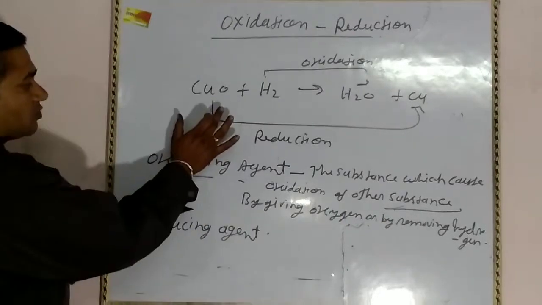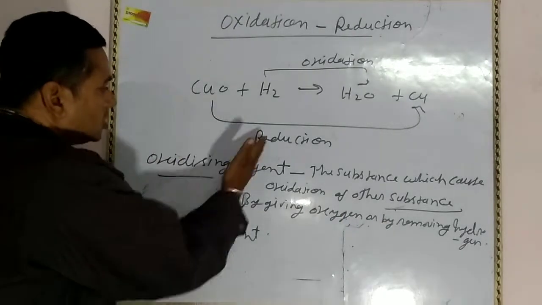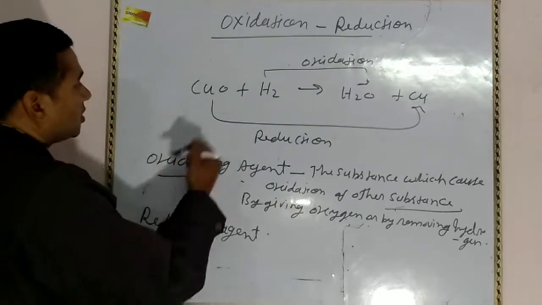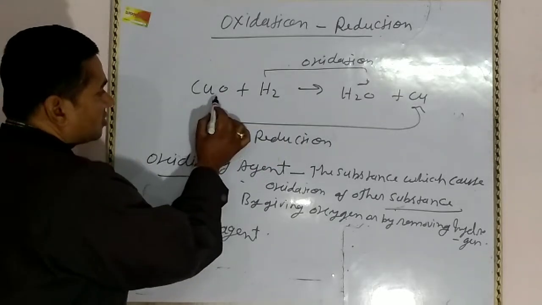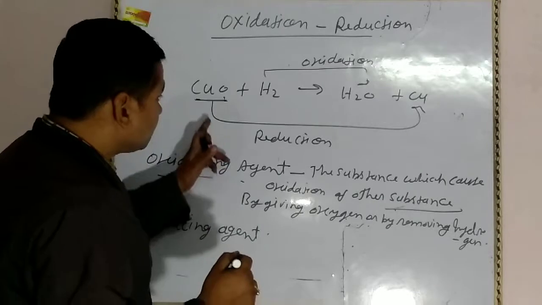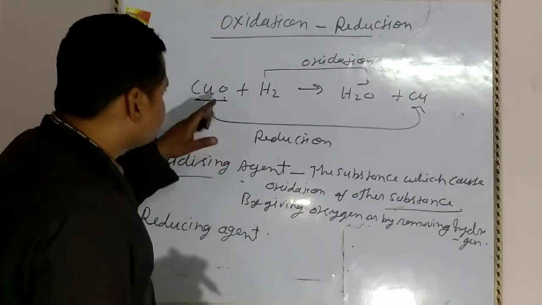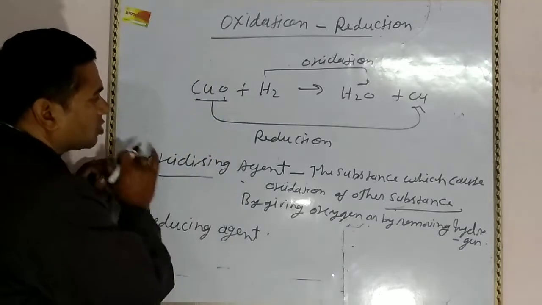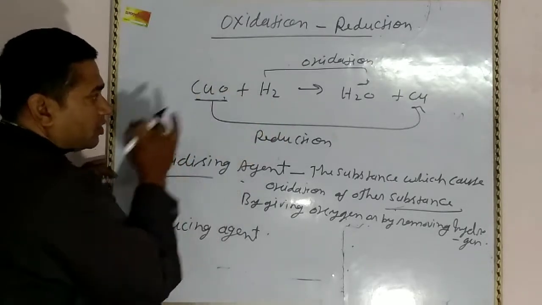So the substance which gives oxygen, that is called oxidizing agent. You see how here in this reaction oxygen is present in copper oxide. Carefully you see, very easily you will learn. Oxygen is present in copper oxide, not in hydrogen.